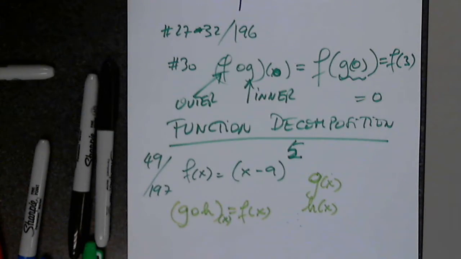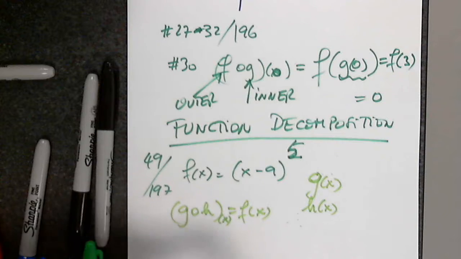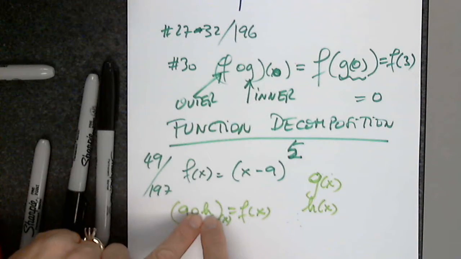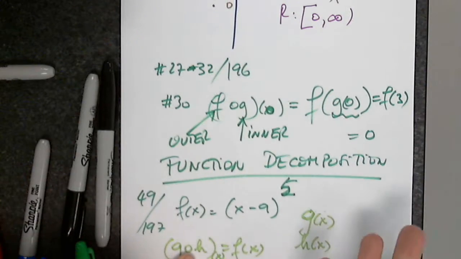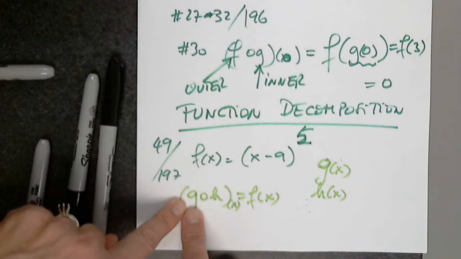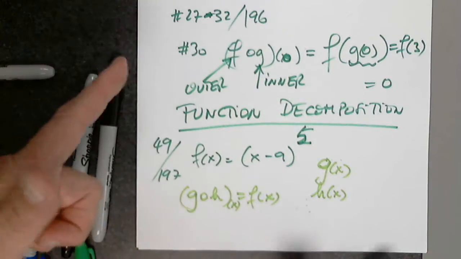So remember what is in my example here. What does h represent? In other words, I'm asking, is it the inner function or the outer function? The inner function. What is g then? I know it's silly to ask once we identify that this is the inner, this must be the outer.